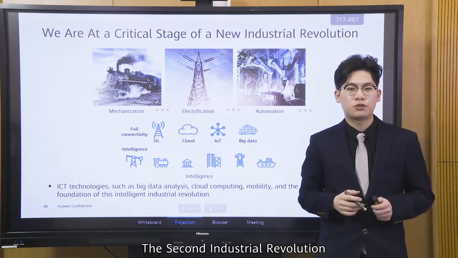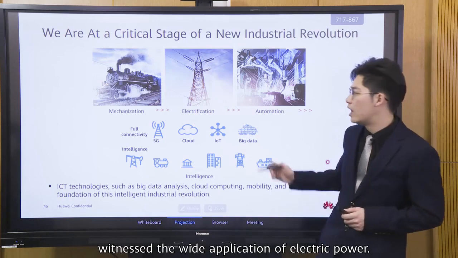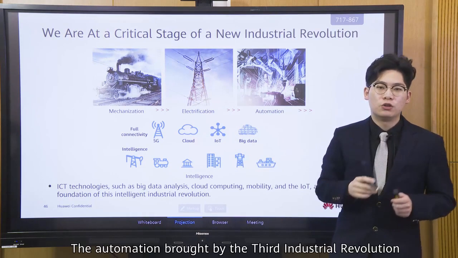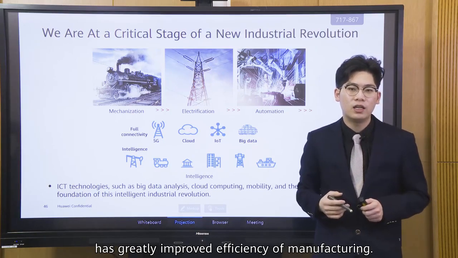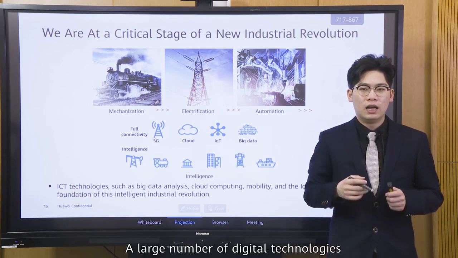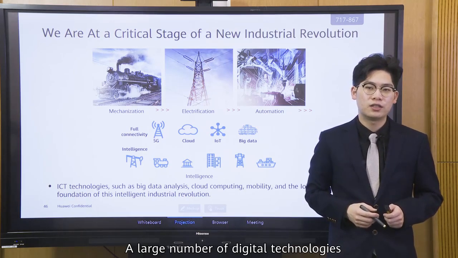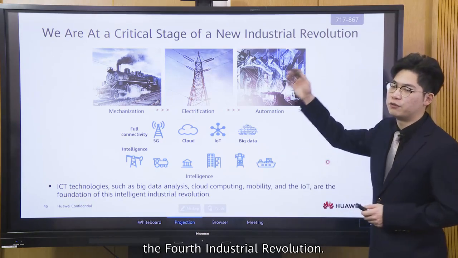The second industrial revolution witnessed the wide application of electric power. The automation brought by the third industrial revolution has greatly improved efficiency of manufacturing. A large number of digital technologies have become the foundation of the fourth industrial revolution.